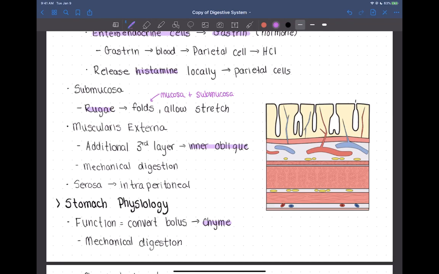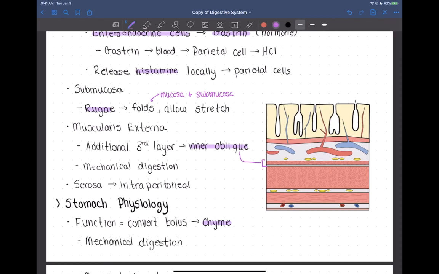And then the third layer is our muscularis externa, and it's unique in the stomach because there is an additional third layer of muscle. We know our circular and longitudinal layers. Now we have this inner oblique layer.